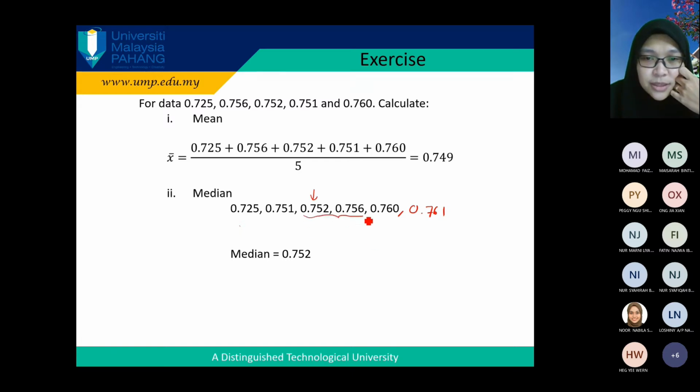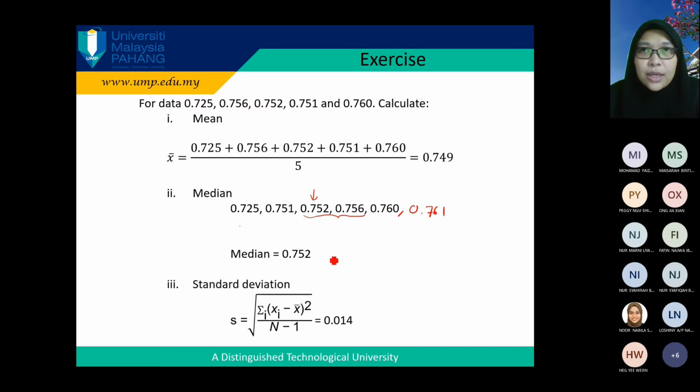Okay, you need to calculate the total of these two and divide by 2. So you get the median. Next is standard deviation. Use the equation or insert the data in your calculator. I think you know how to use the calculator to get the standard deviation straight away. So it is 0.014.